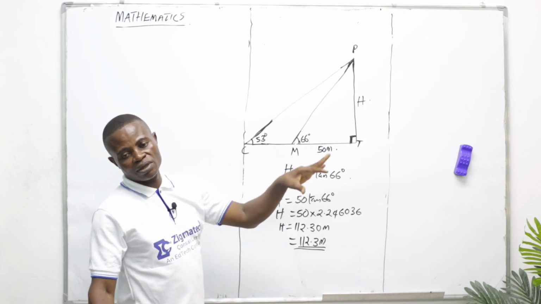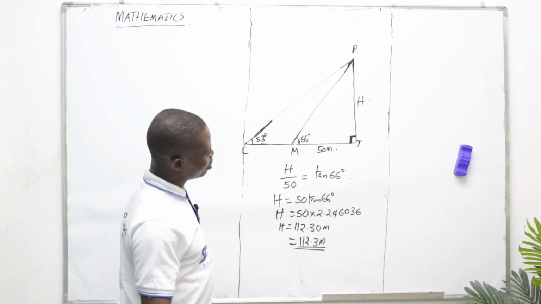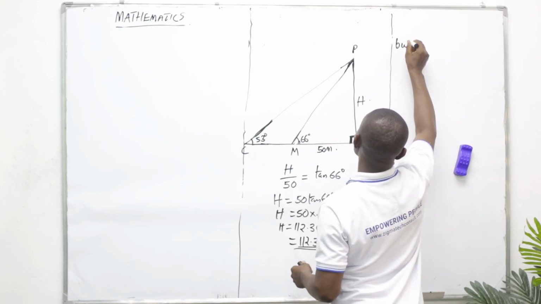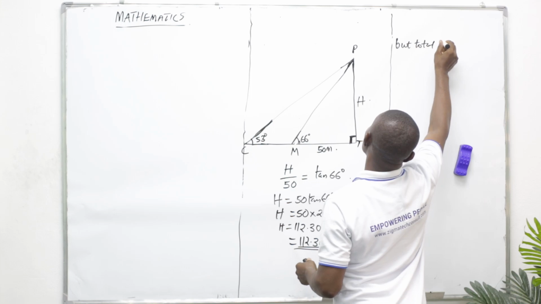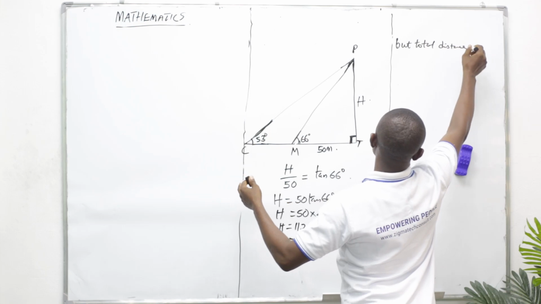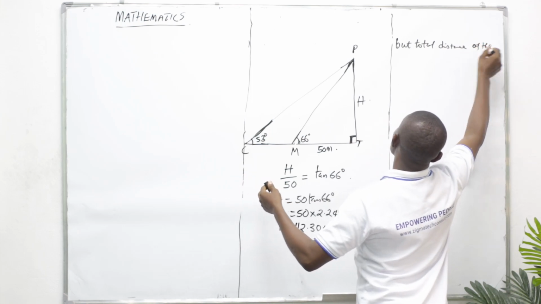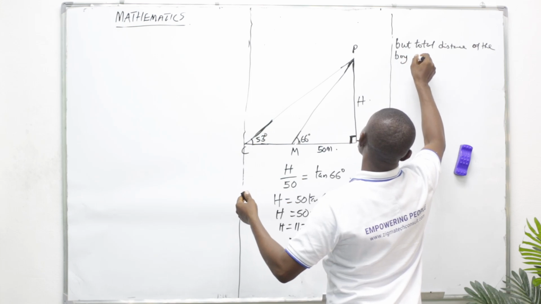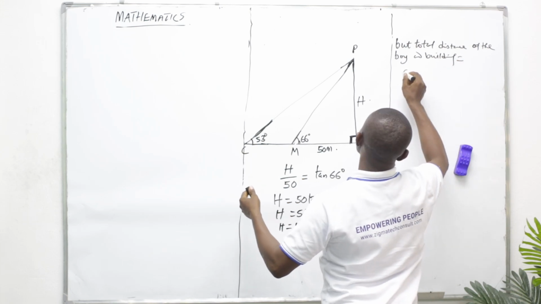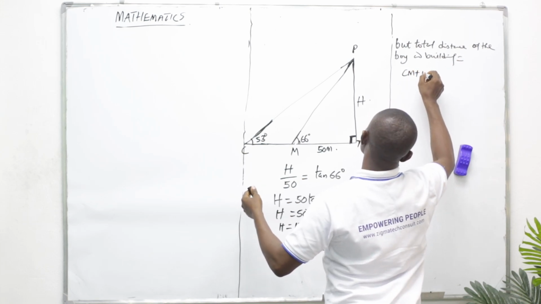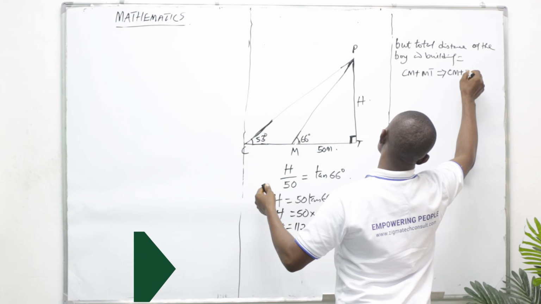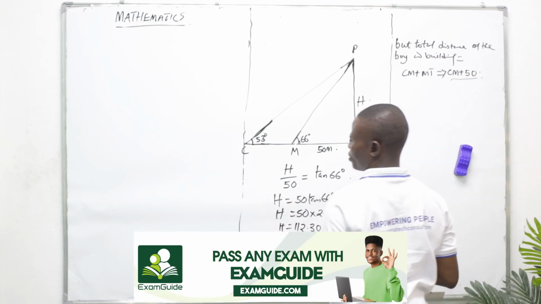CM plus MT is the total distance for this diagram, the total distance between where the boy was standing and the building. It equals CM plus MT, which implies CM plus 50. Just leave it this way first. Don't fear it.